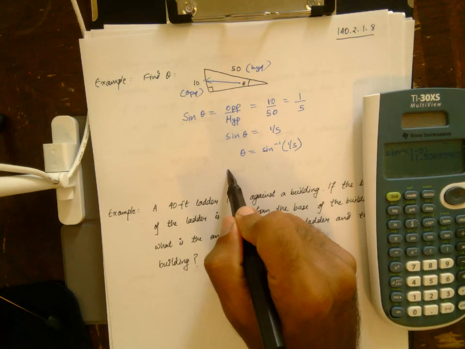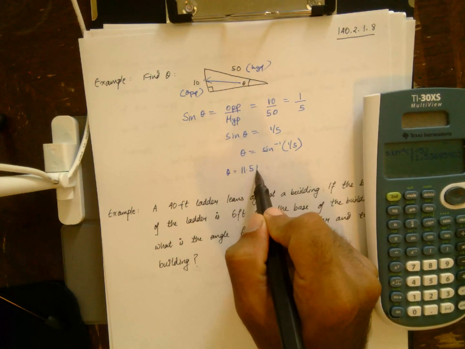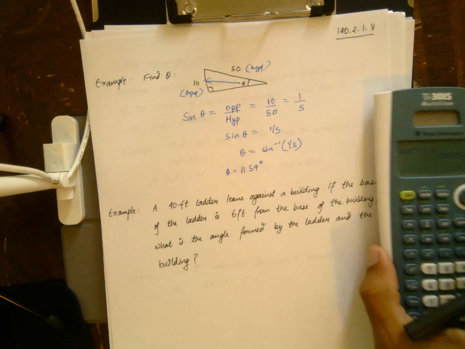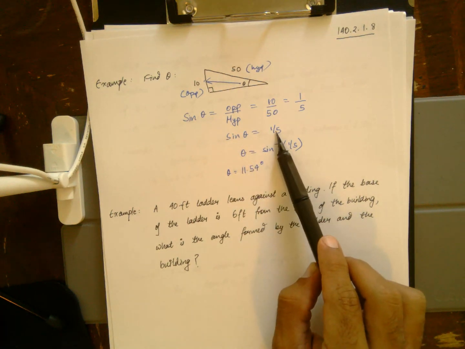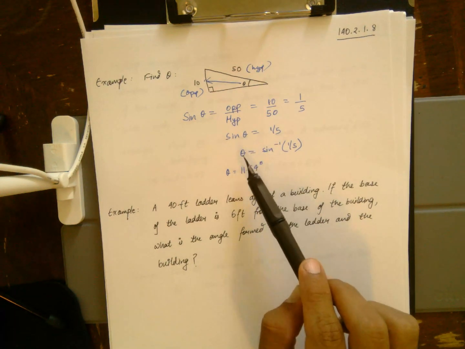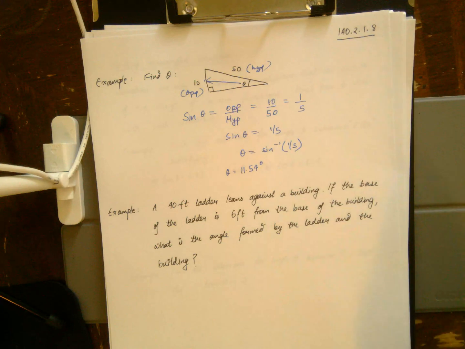So theta is 11.54 degrees. Now pay attention to this step right here. When you have sine theta is 1 over 5, that means that theta is going to be sine inverse of 1 over 5.